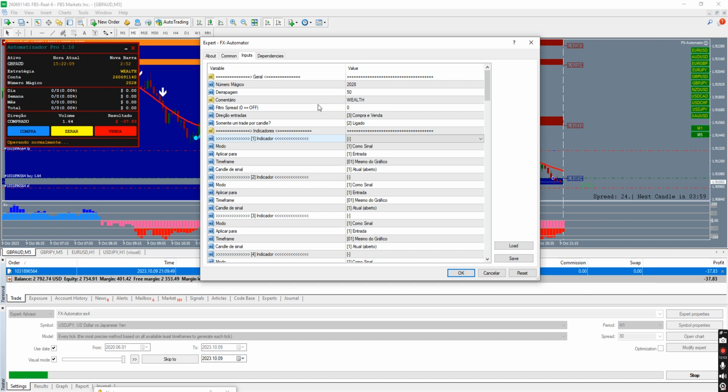That is how powerful it is. It has everything all others have, plus more things that others don't have. I don't think there is an indicator automator that can give you the option to buy, sell, and close your trade manually. I have not seen that.